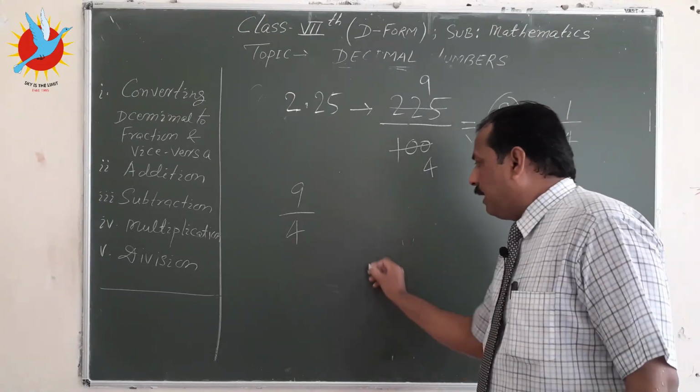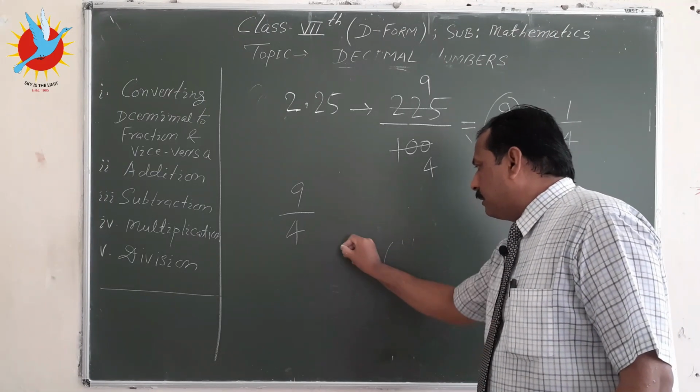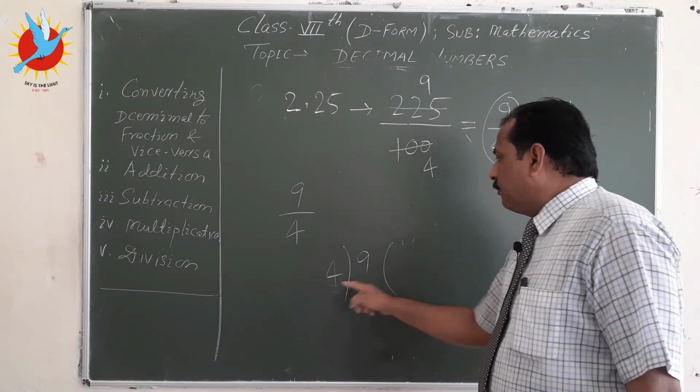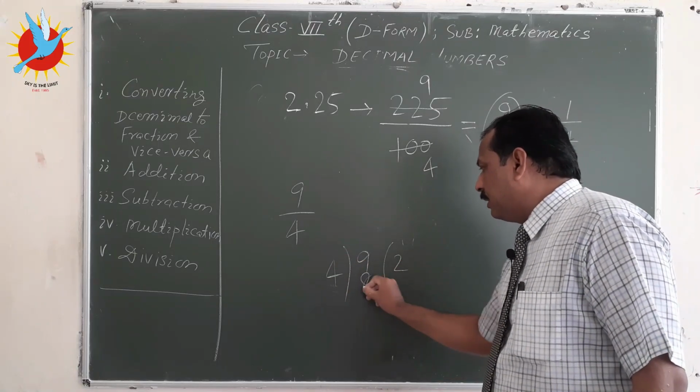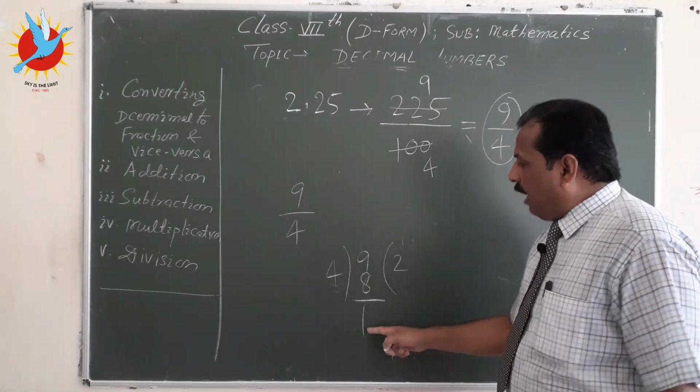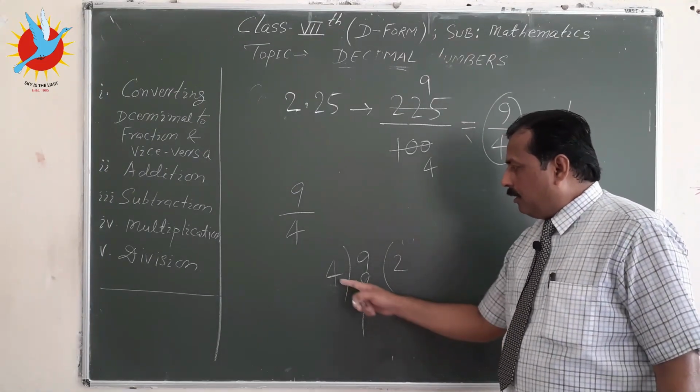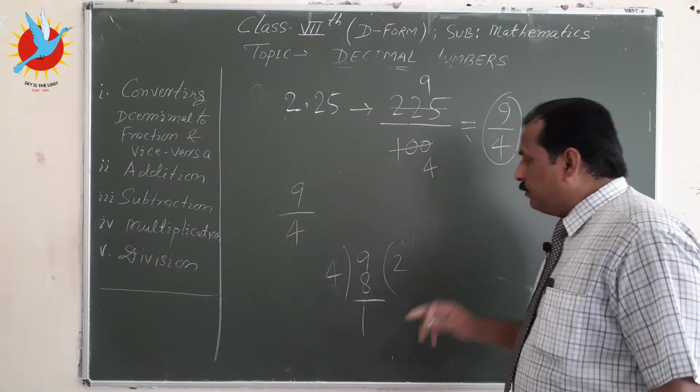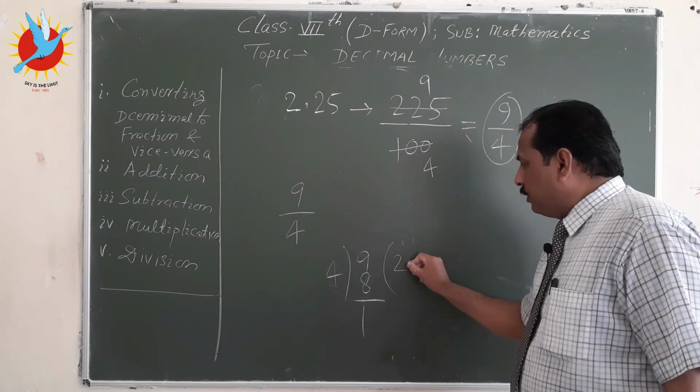So how to do it? As I told you, this 9, 4 and 4 twos are 8, then this is 1. 1 cannot be divided by 4. We need 1 0. We can put a decimal.